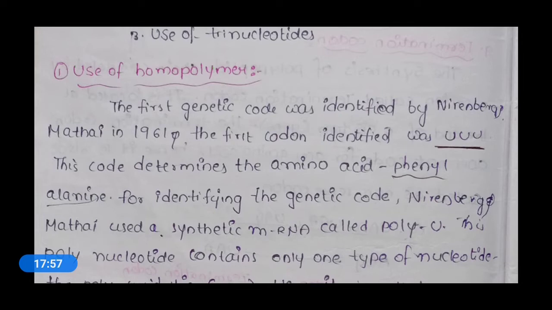This triplet codon UUU will code for the amino acid phenylalanine. So this is the first ever identified triplet codon, and it was achieved by Nirenberg and Mattei in 1961.